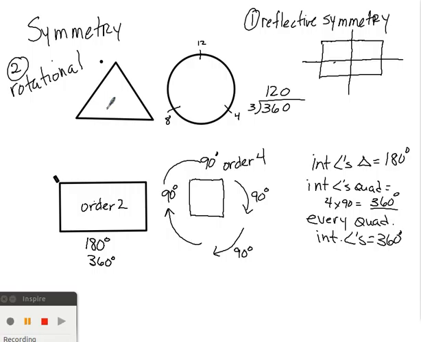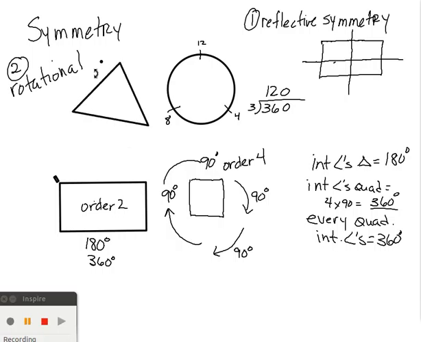If we look at an equilateral triangle, and we want to know if it has rotational symmetry, think about a clock. If the original point is at 12 o'clock, then we have a point at 4 o'clock and a point at 8 o'clock. If I try to do rotational symmetry on an equilateral triangle, I have rotational symmetry at 4 o'clock, and I have rotational symmetry at 8 o'clock.